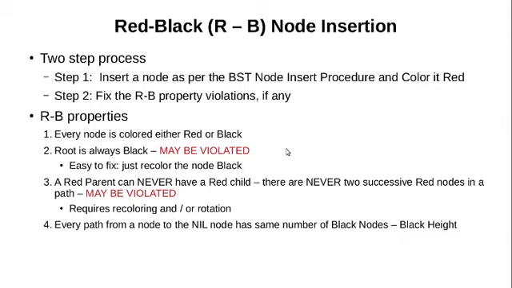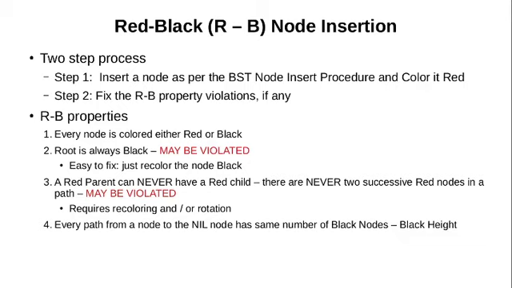This property gets violated when we insert the very first node and color it red. Also, the property may be violated due to the recoloring process, which is elaborated later. In either case, this property is easy to fix. We just recolor the root node black again.